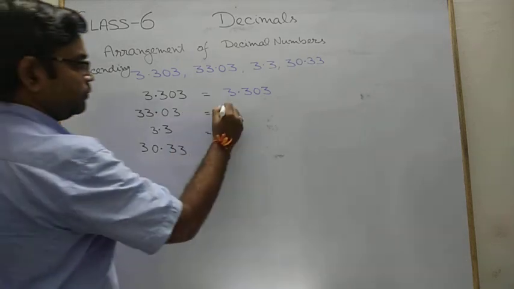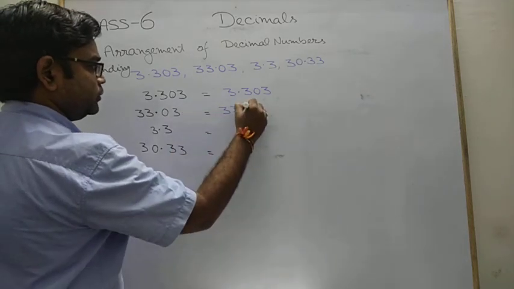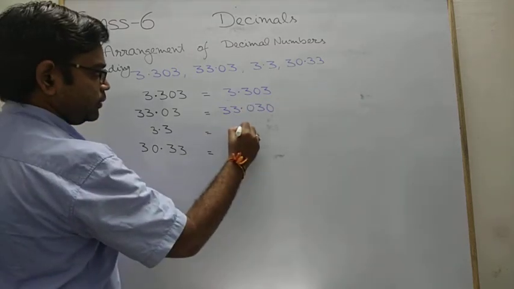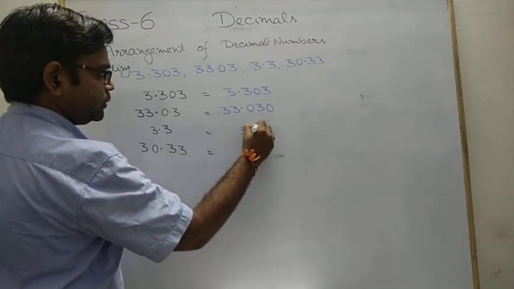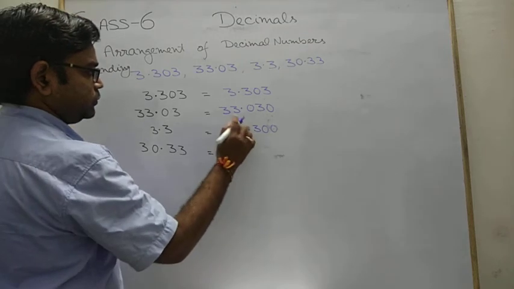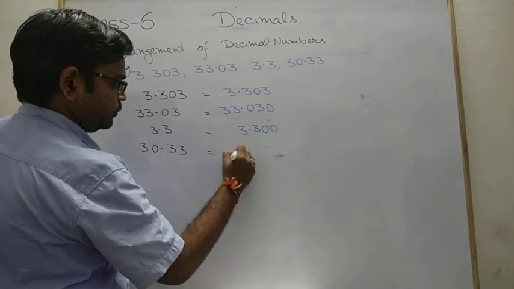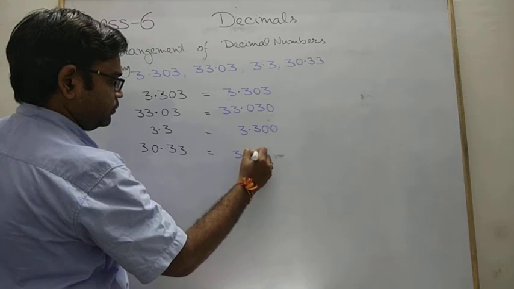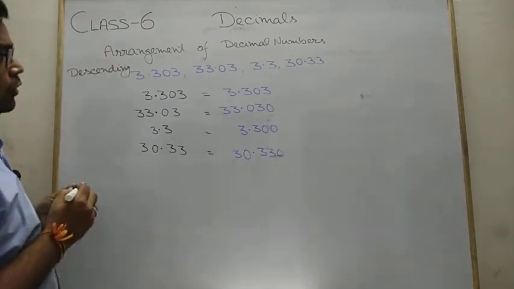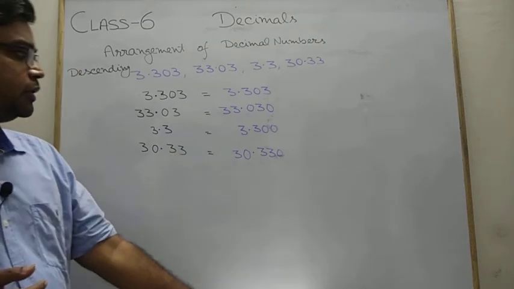So here we have 33.030, 3.300, then we have 30.330. Now after the decimal, all of them have the same number of digits.